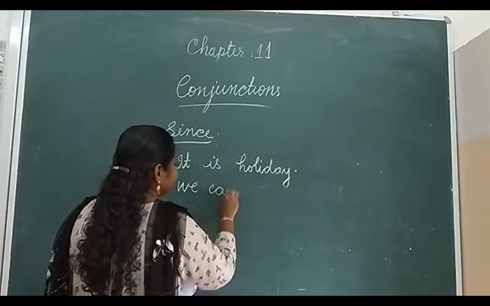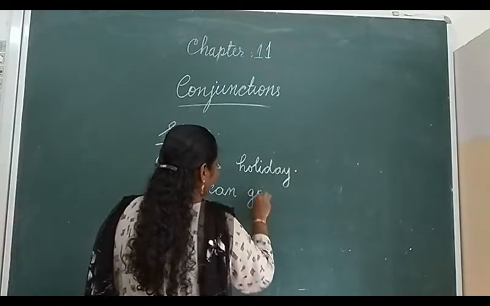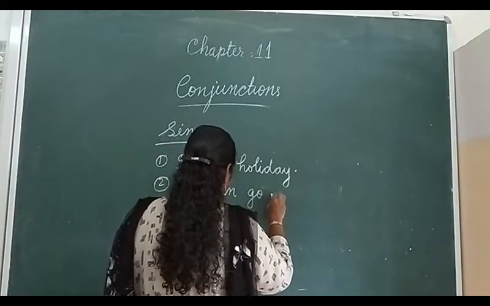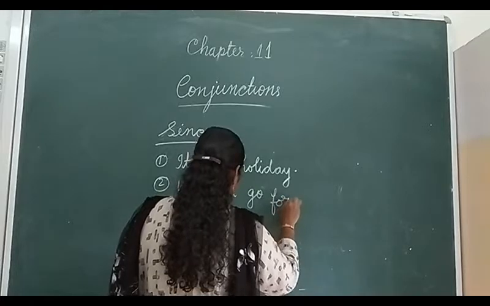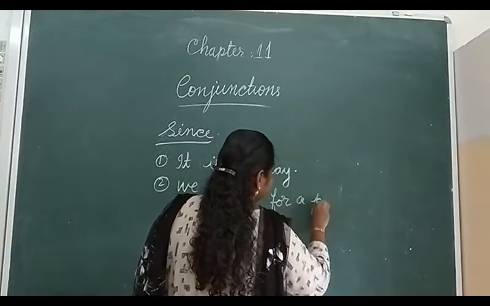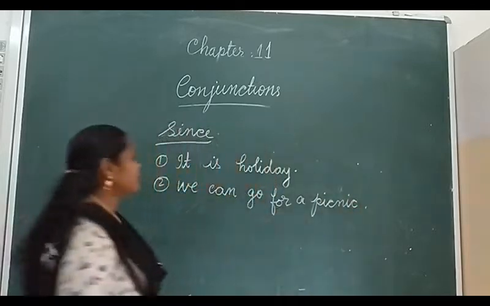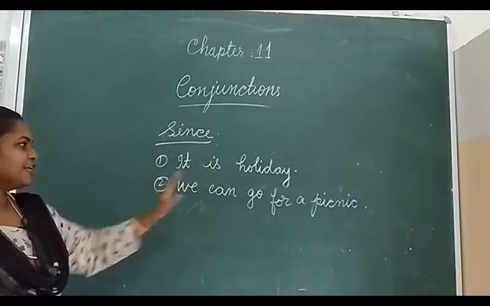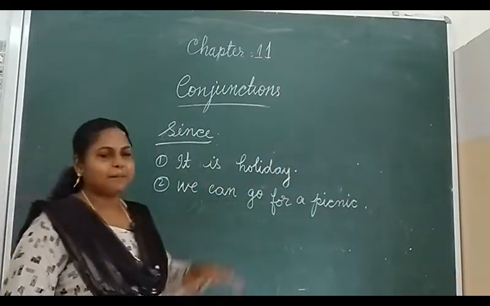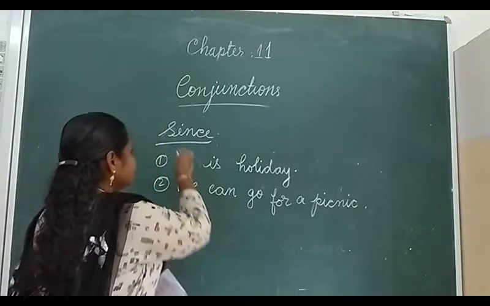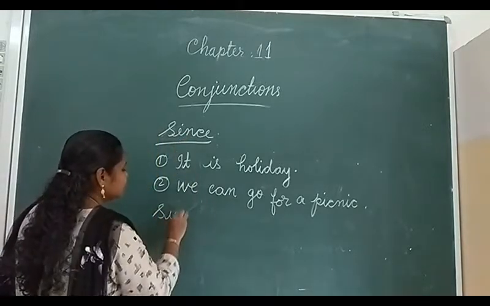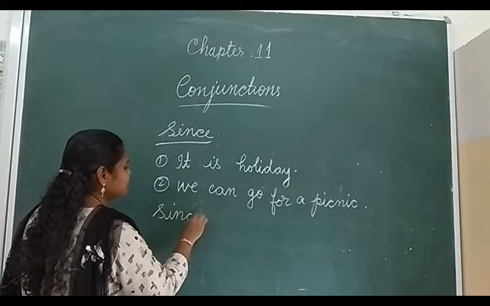Second sentence: We can go for a picnic. Place since in the beginning of the sentence.